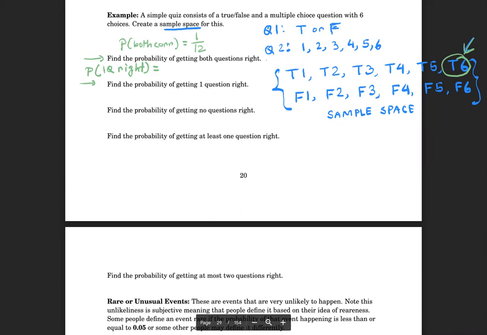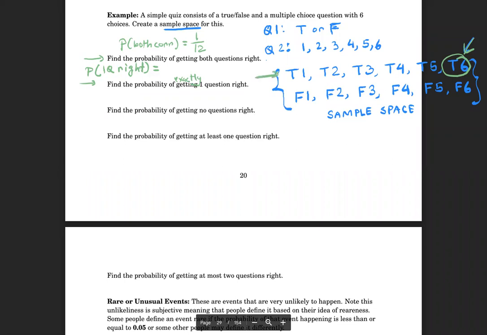So the probability of one question right, I should say exactly one question. The probability of exactly one question right. Let's look at the first row.